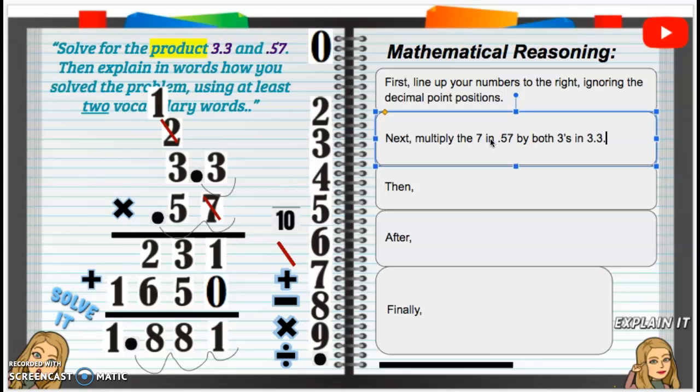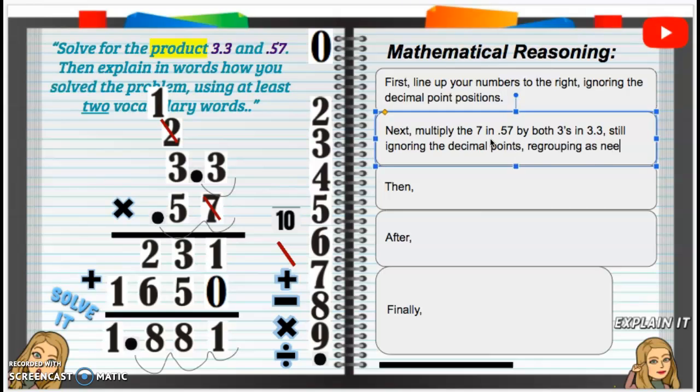Still ignoring that decimal. Also regrouping as needed. So next, multiply the 7 in 57 hundredths by both 3's in 3 and 3/10. Still ignoring the decimal points, regrouping as needed.